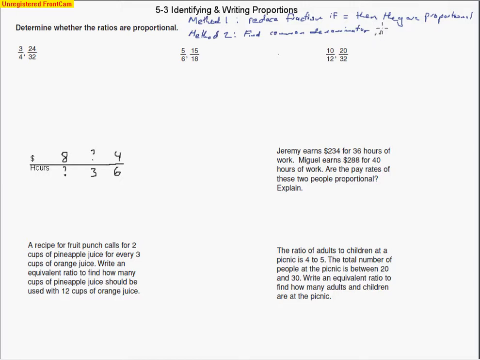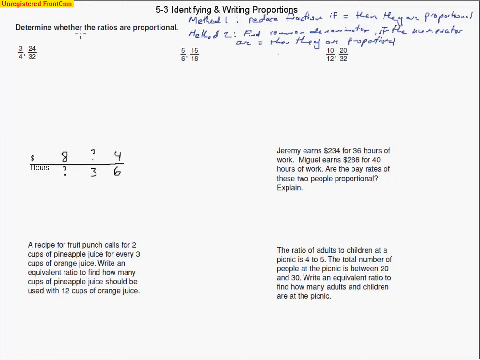We'll say if the numerators, so the numerator is the number on top of the fraction, the denominator the one on the bottom. So if the numerators are equal, then they are proportional.